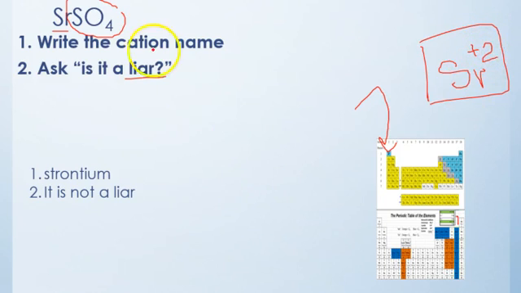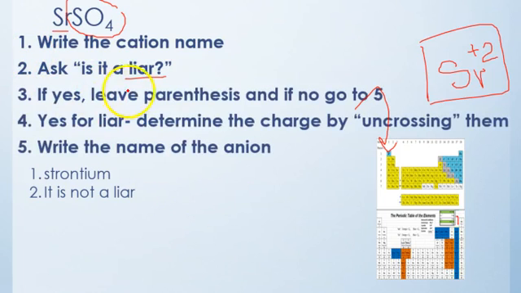It's the only number there. So now I get to skip. Because if the answer to number 2 is that it's not a liar, I get to skip down to number 5, because I'm not going to have Roman numerals in this formula. So you're going to skip to 5.